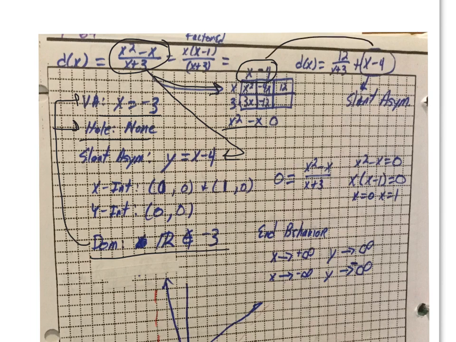Therefore, x plus 3 divides into x squared minus x, x minus 4 times, with a remainder of 12, so plus 12 over x plus 3. This here is my slant asymptote.